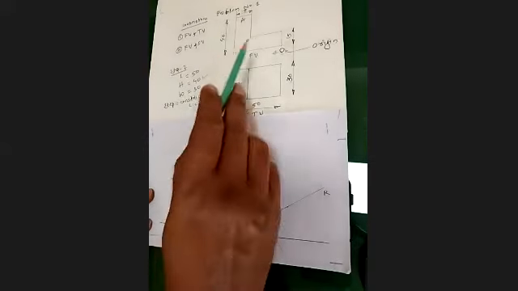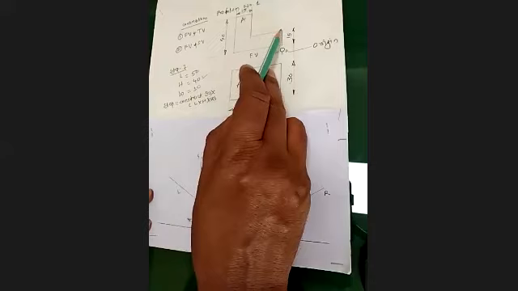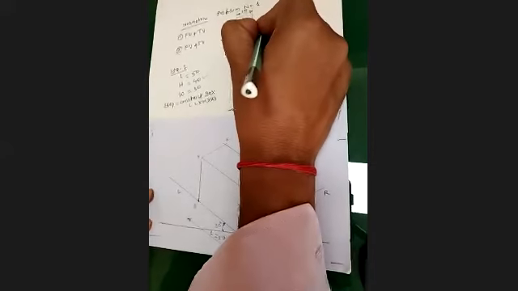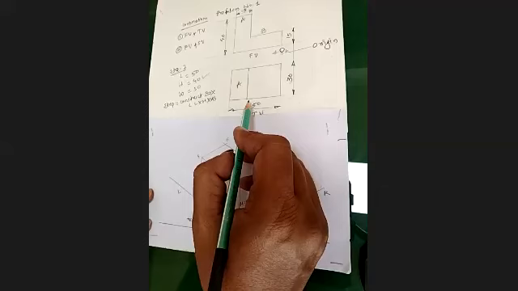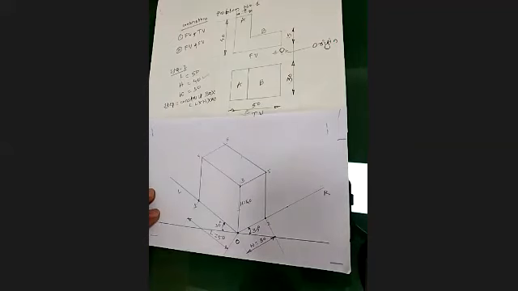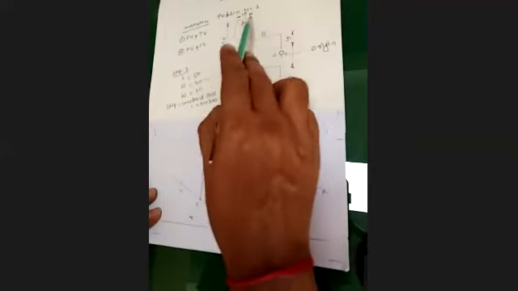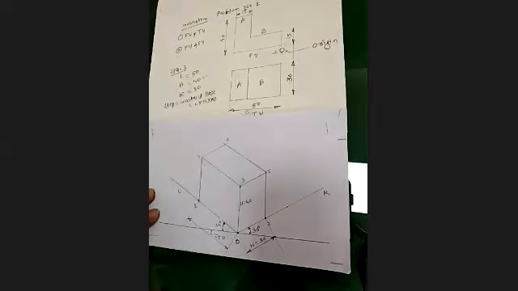Similarly, if you name this surface from this point to this end B, then the corresponding surface in the top view is this one. So you can just correlate. You need not give the naming to surfaces again. I am giving it here just so that you can understand well.